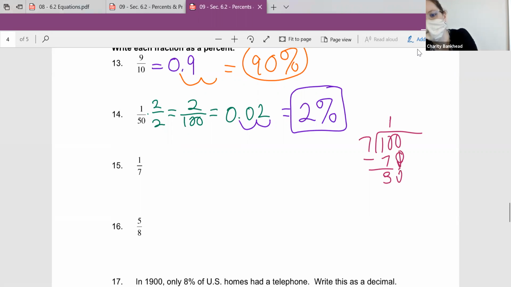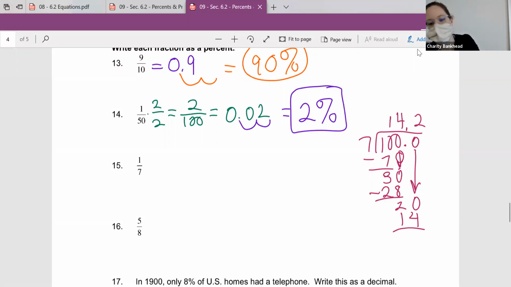Bring down the 0. So 7 would go into 30 4 times. 4 times 7 is 28. 30 minus 28 is 2. So at this point, I need to do a decimal point there. 7 will go into 22 times.